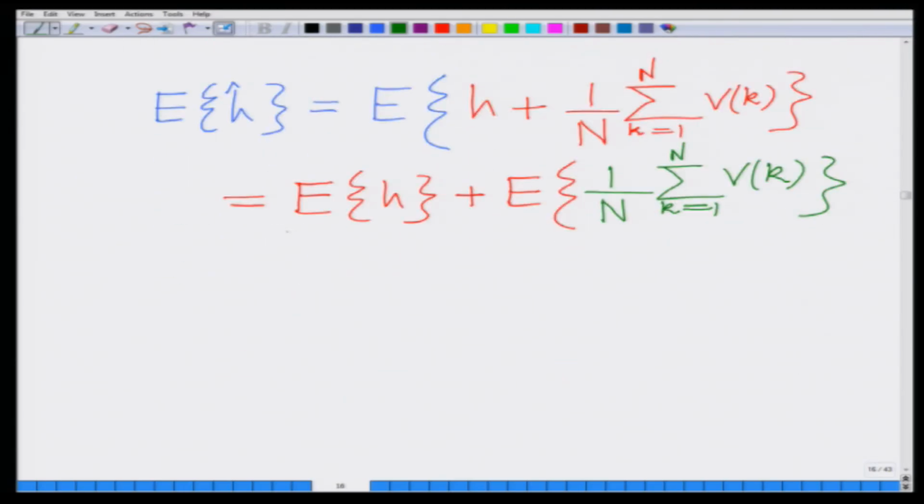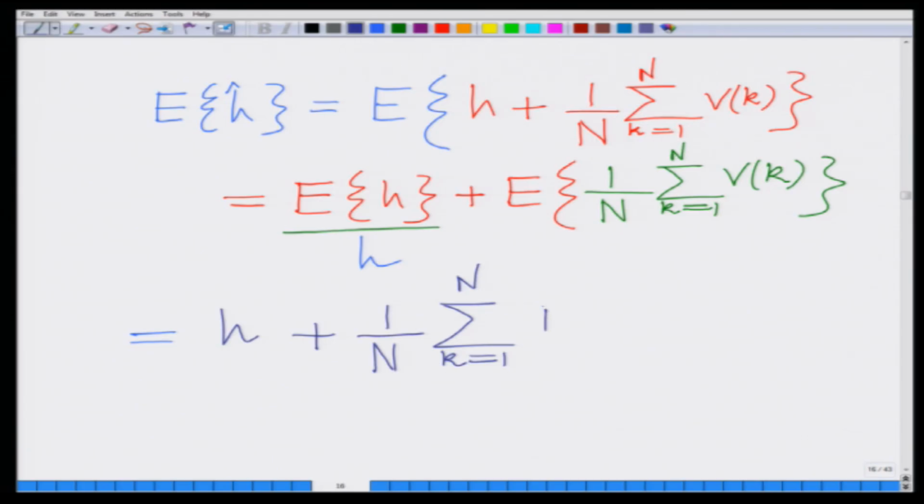Now, look at this, this is a constant. So, expected value of h is basically h. So, this is equal to h plus 1 over n summation k equals 1 to n expected value of each V_k. Now, remember we said the noise is 0 mean.